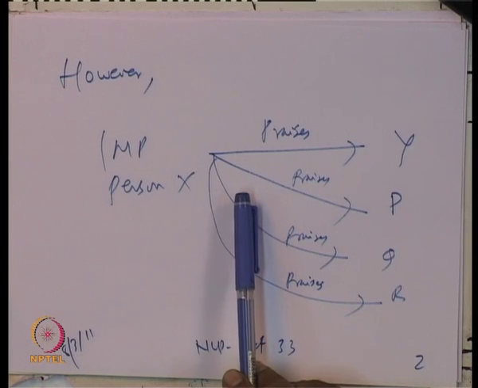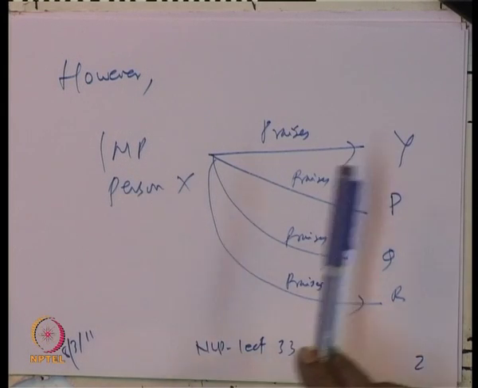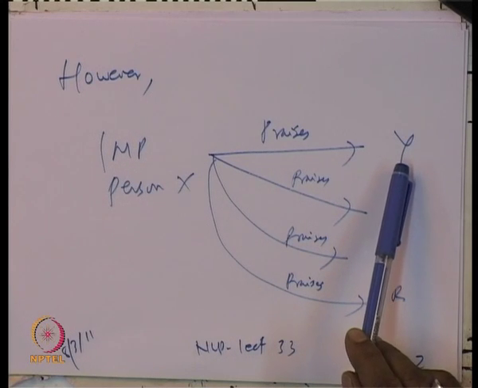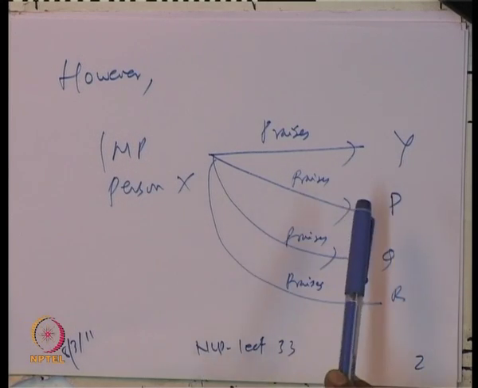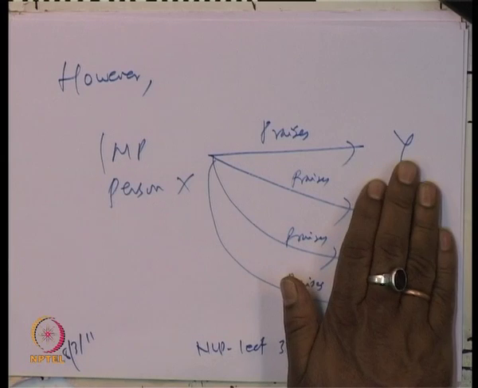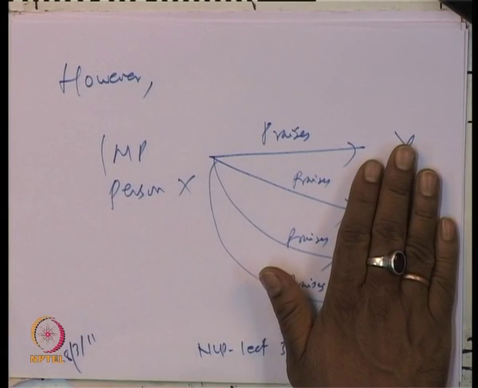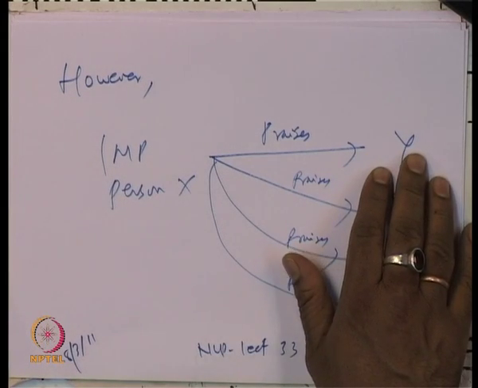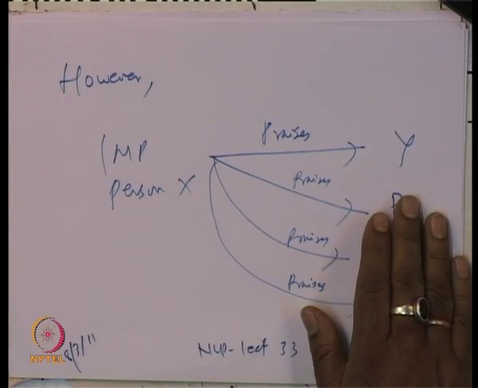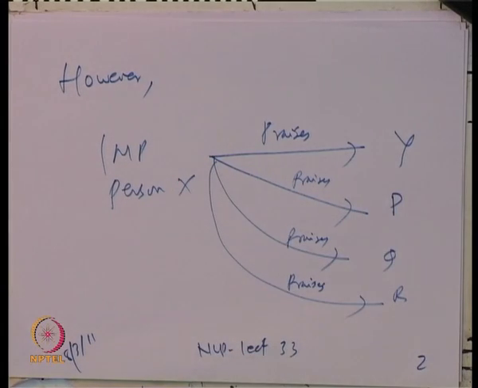and it will be legitimate for us to say that the importance which person X transfers to these people can be looked upon as being divided amongst all of them. If it was only Y and not P, Q, R, then the whole importance of X is attributed to Y. But when there are more people and praise is given to all of them, then we are legitimate in thinking that the importance of X gets transferred to all of them equally. Okay.